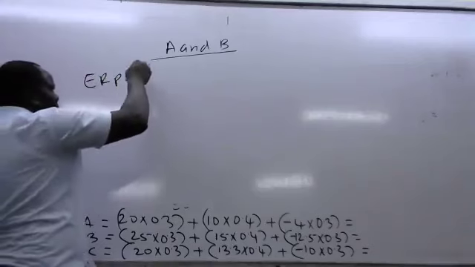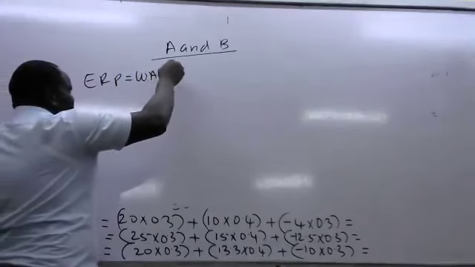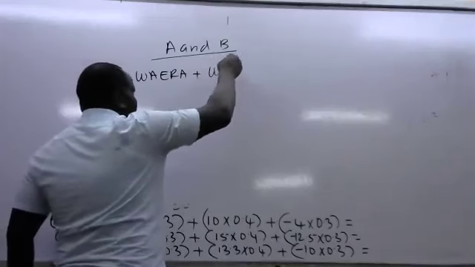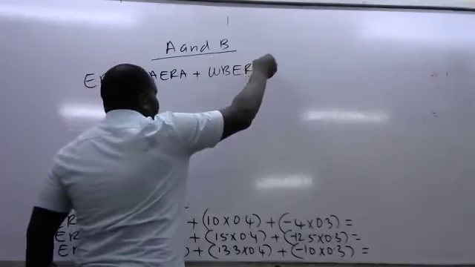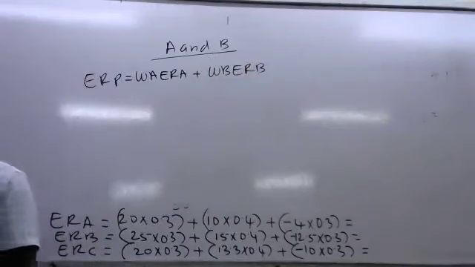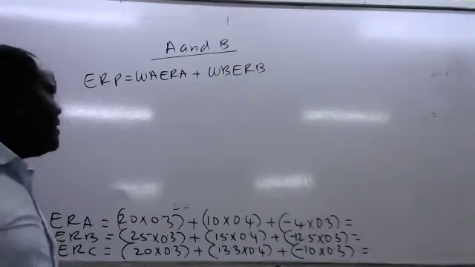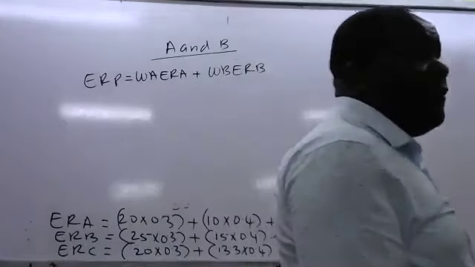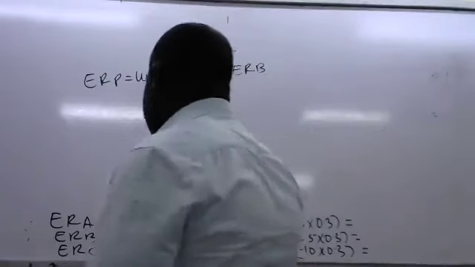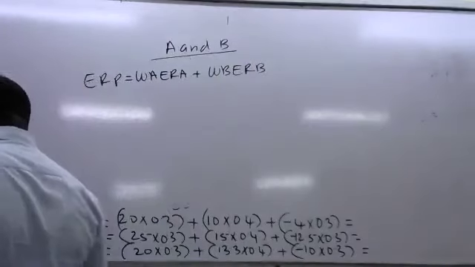So you simply take the weight of A, multiply by the expected return for A. Then we add the weight of B times expected return for B. So we are combining them according to the additional information, A and B. So to get the weights, we use the total market value.